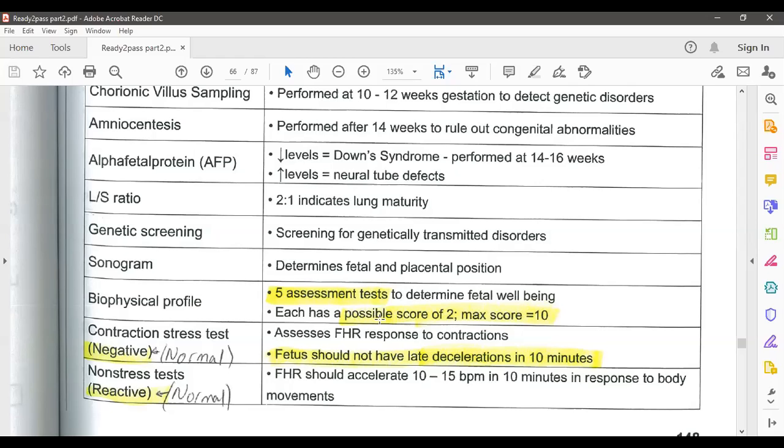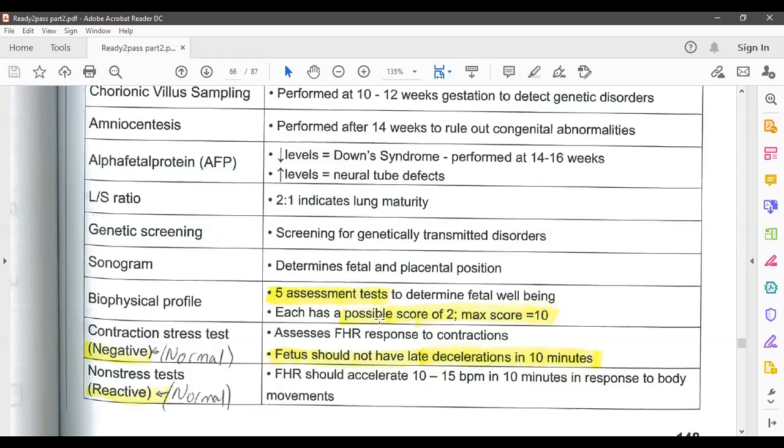Also, some terminology is good to know: reactive fetal heart rate, fetal breathing abnormalities, gross body movement, fetal tone, and amniotic fluid volumes. So we have to find these out by the biophysical profile test.